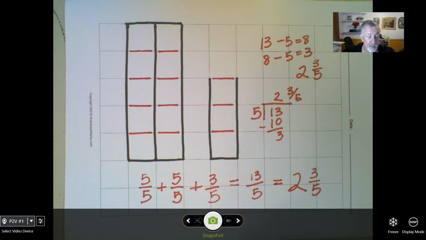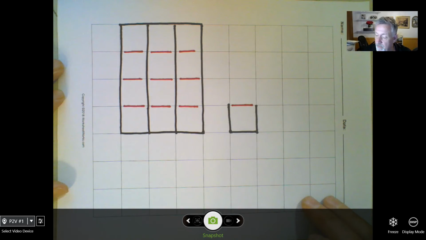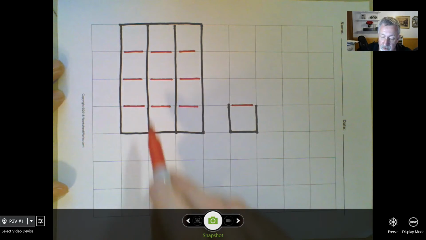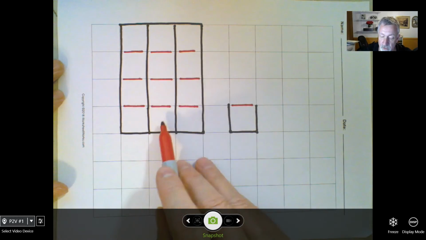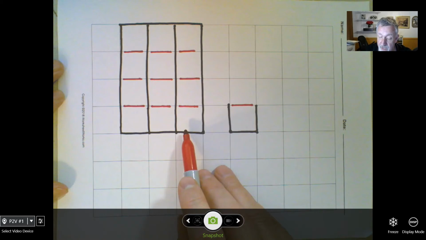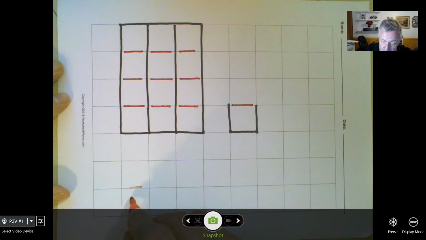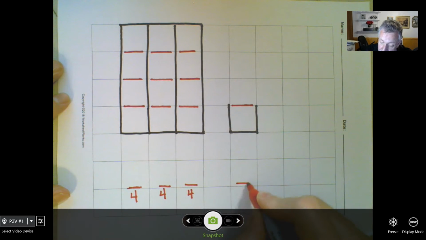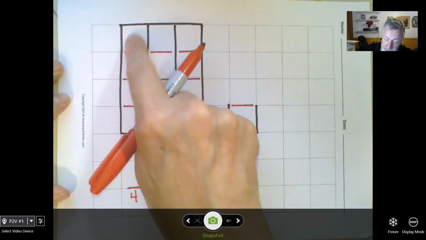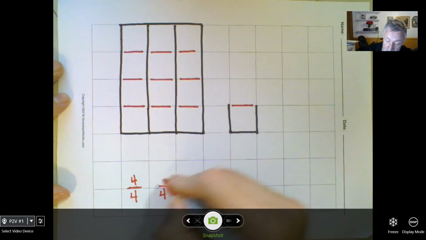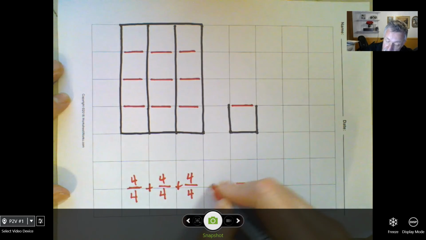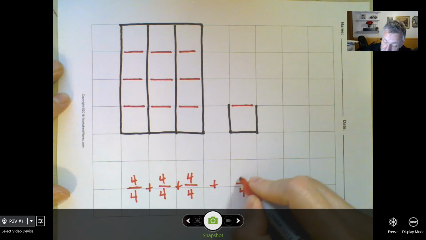Let's take a look at another example. Now in this example, we have 1, 2, 3 whole units, and each whole unit is divided into 4 parts. So my denominator in every instance is going to be 4. In this case, I have 4/4 in the first one, 4 in the second, 4 in the third, and only 1 here.